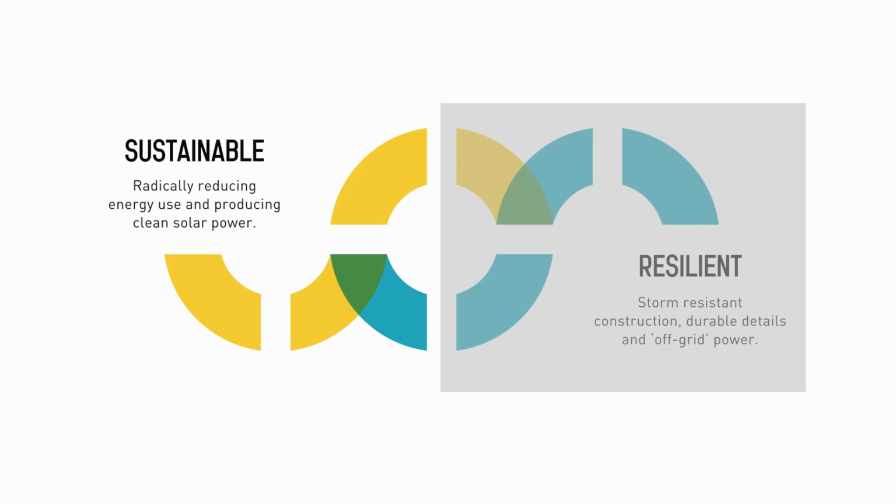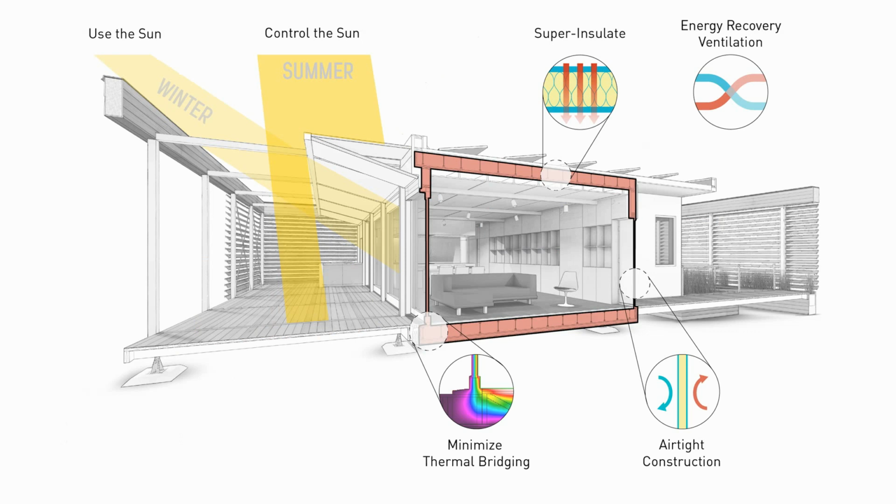So let's talk a little bit more specifically about the sustainability strategies. These are well established. You look first at passive approaches. Passive means things that don't need inputs, or inputs that you pay for. So we had very conscious sun control of the building, cross ventilation, things of that nature.